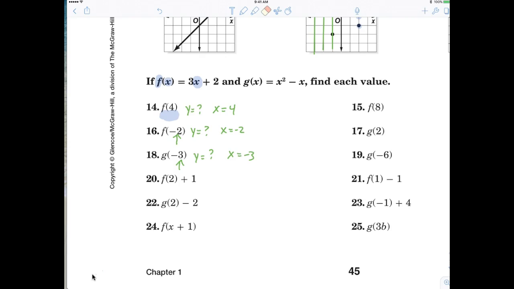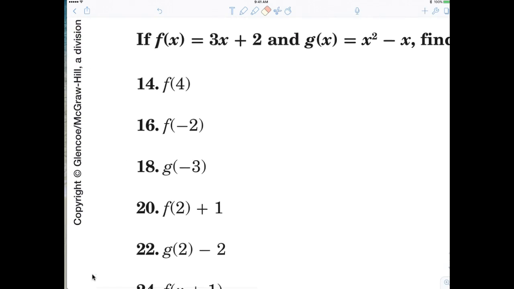So, now, if you heard me, we can zip through this. It's super simple. So now, back to business here. F of 4. Again, just to make sure you're hearing me, what am I looking for? I'm looking for the y when the x is 4.